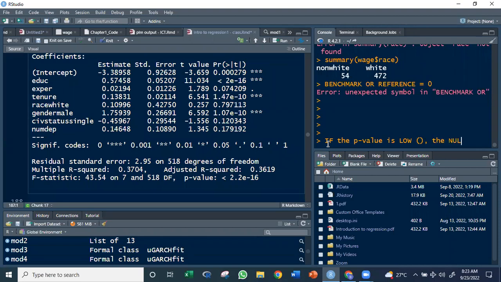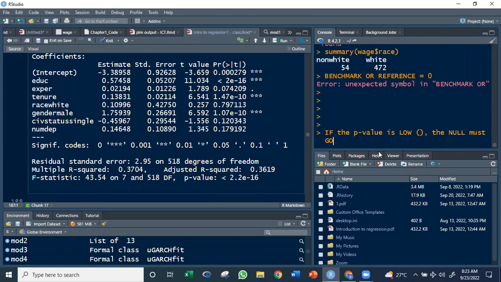So, madaling tandaan, no? If the P is low, the null must go. Yung low dyan, ibig sabihin, you'll compare it to the level of significance. And usually, it's 0.05. So, here, the P is way, way lower than 0.05. So, we reject the null hypothesis that beta null is equal to beta 1, is equal to beta 2, is equal to beta 3, hanggang is equal to beta 7.